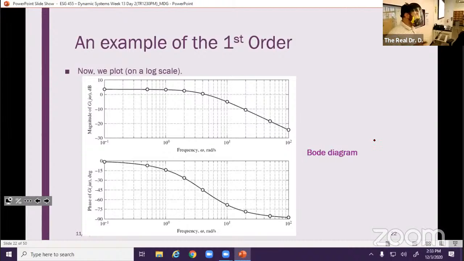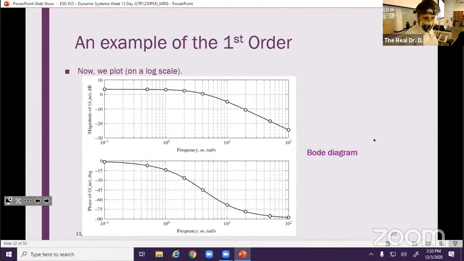What do our asymptotes look like? Because we made a big deal about making rules about asymptotes here. We have K was 1.5. What's 1.5 in decibels? What's 20 log of 1.5? Somebody run that number really quick, please. 3.52.